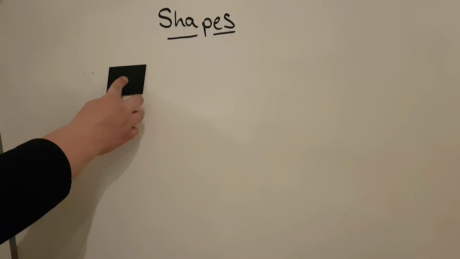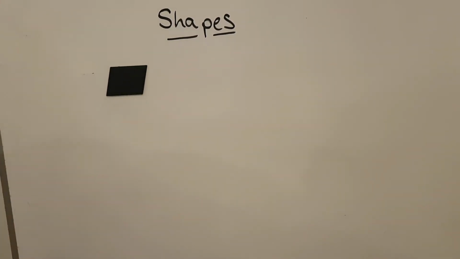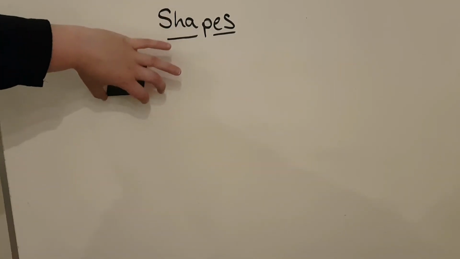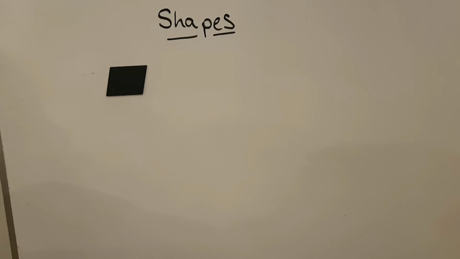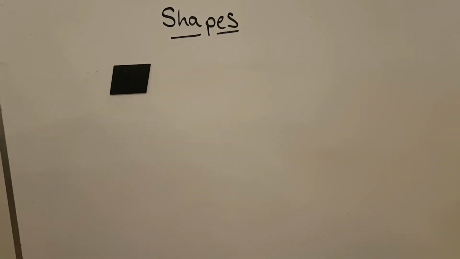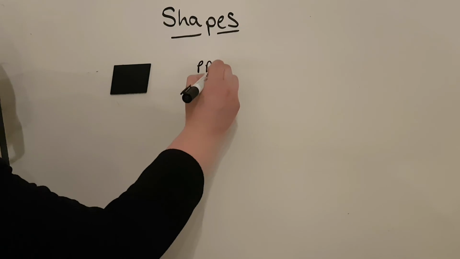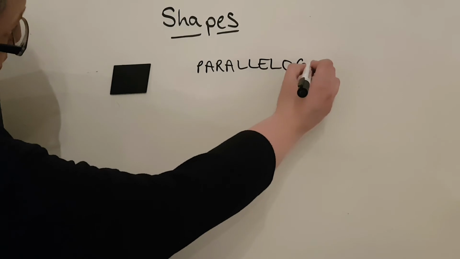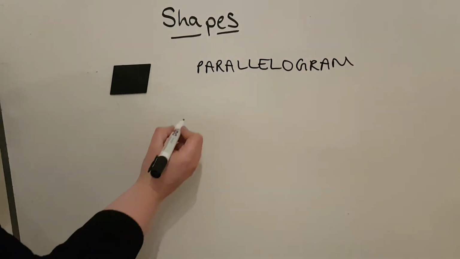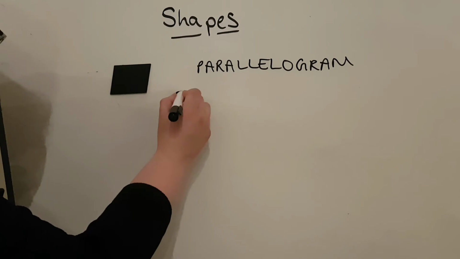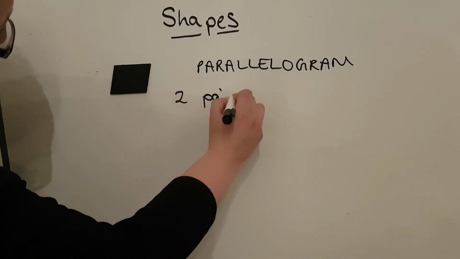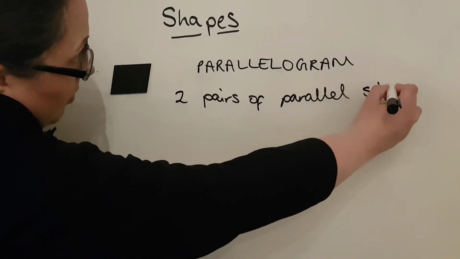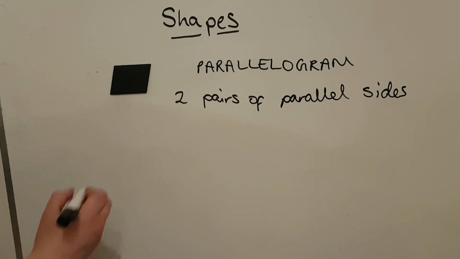The next four-sided shape is this one. It's a parallelogram. It's like a squashed rectangle because we've got two long sides here that are opposite each other and two shorter sides here that are opposite each other, but the angles have been squashed. Okay, so in a parallelogram, we have got two pairs of parallel sides. Opposite angles are equal.